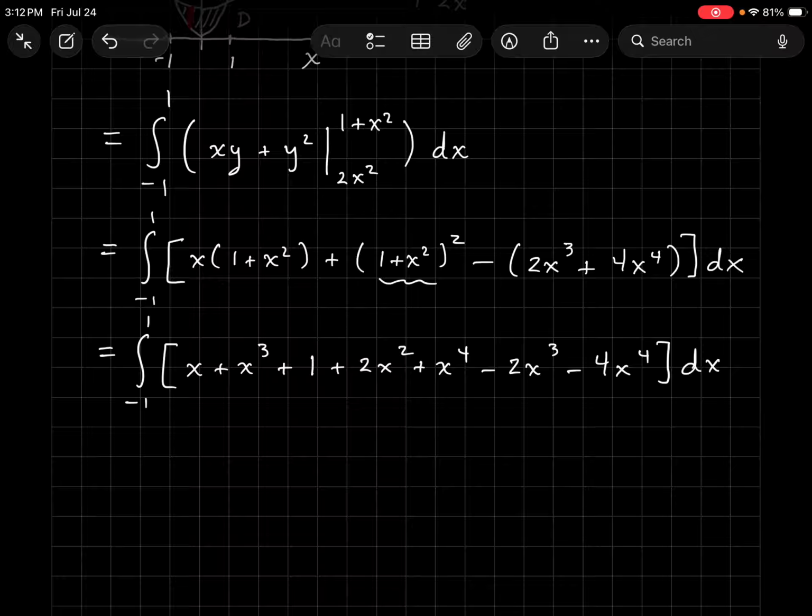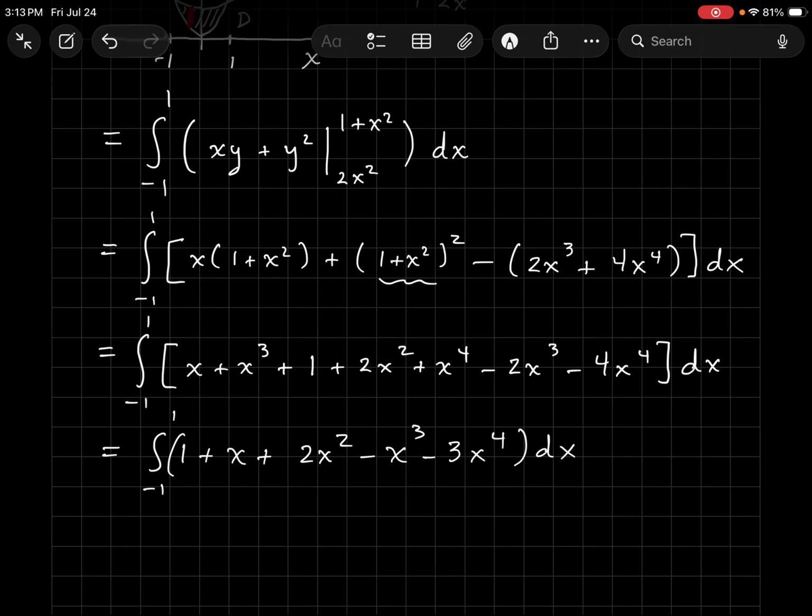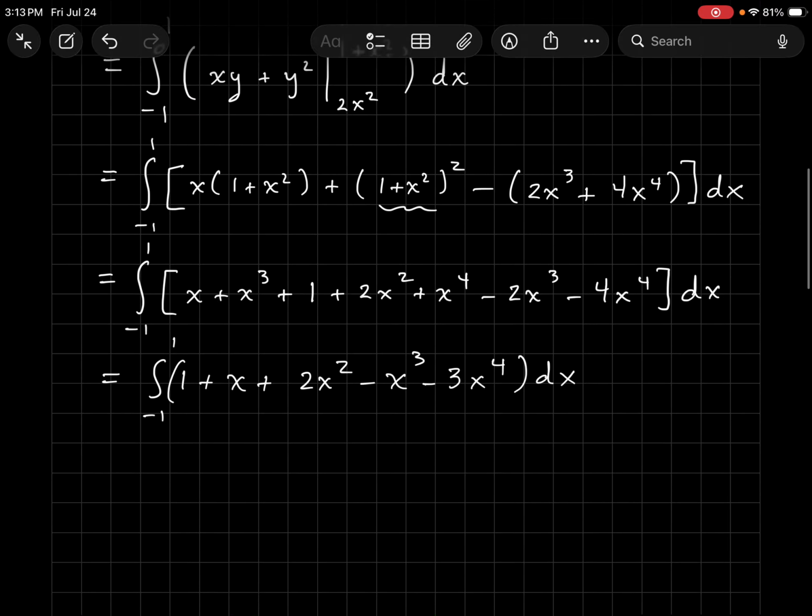Let's see if we can simplify this a little bit before we integrate. Putting all our like terms together, we get 1 plus x plus 2x squared minus 1x cubed minus 3x to the fourth dx. And now we integrate this one with respect to x.